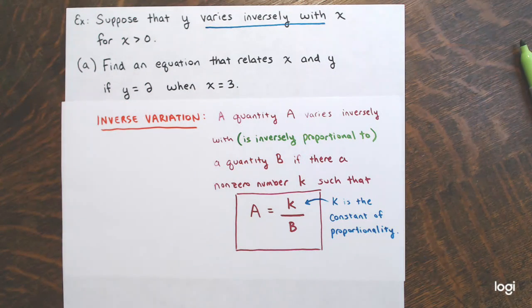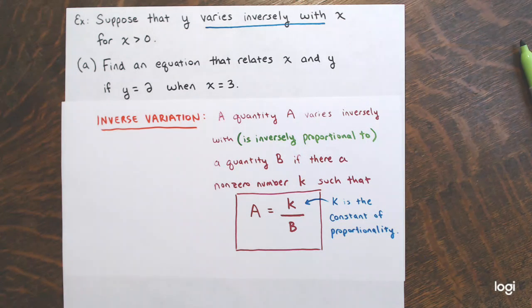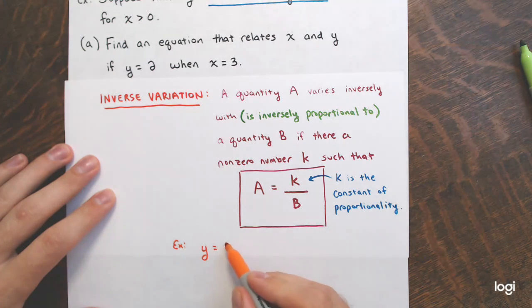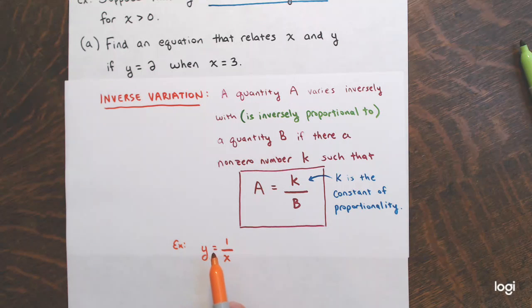An example of a couple of quantities that are inversely proportional, or vary inversely with one another, would be a simple y equals 1 divided by x. In this equation, y varies inversely with x, because there is a non-zero number, 1. The K in this case is the number 1, and y is equal to that number divided by x.